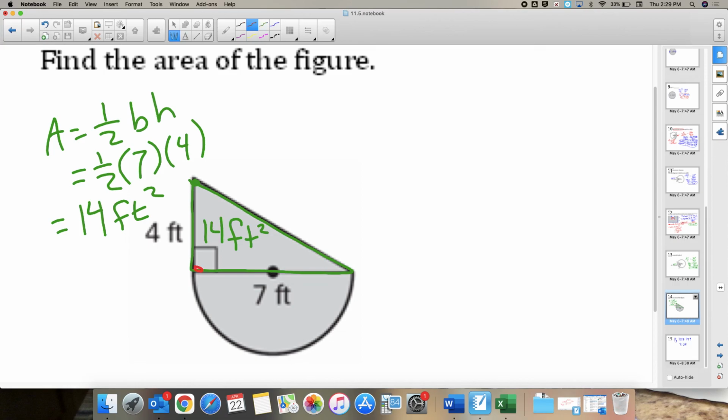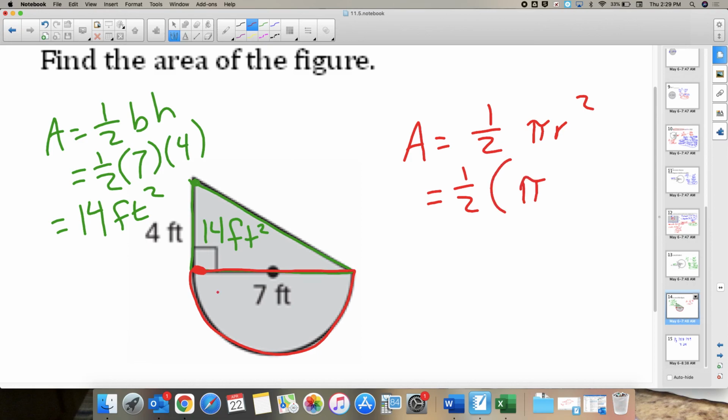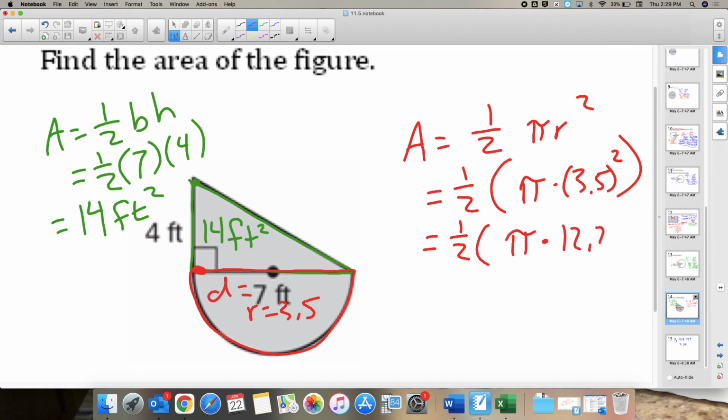Then we come down to our semicircle that's down here. So we want 1/2 of our pi r squared. Since the diameter was 7, my radius is 3.5. So for my circle, we would have 3.5 squared, which is 12.25.